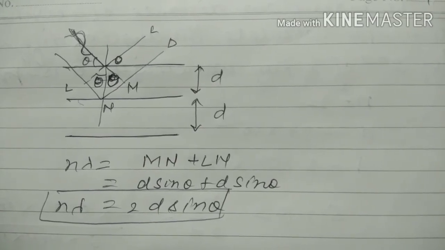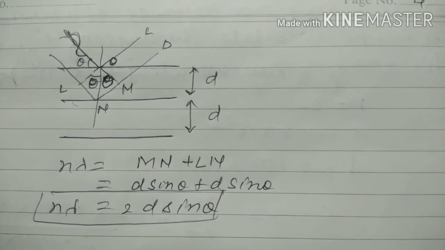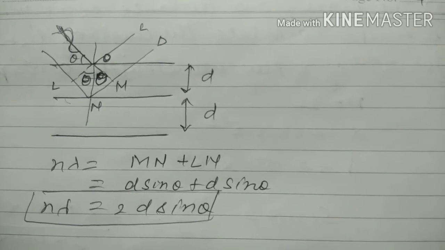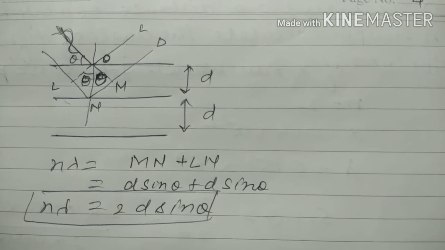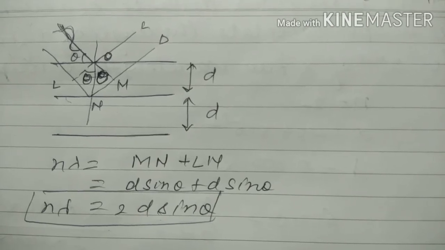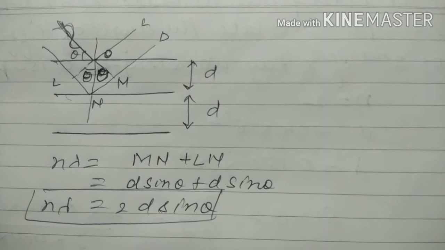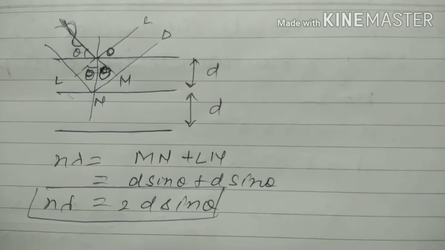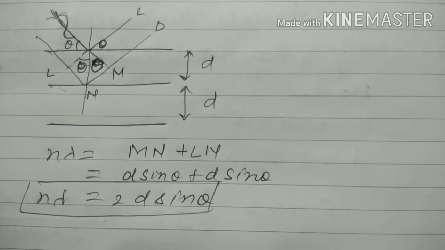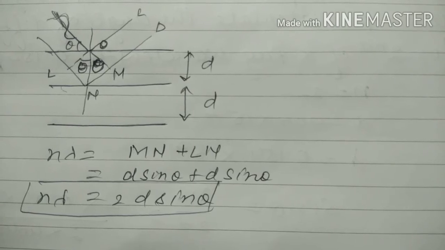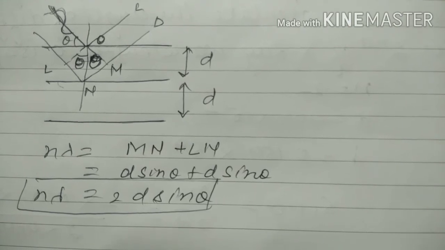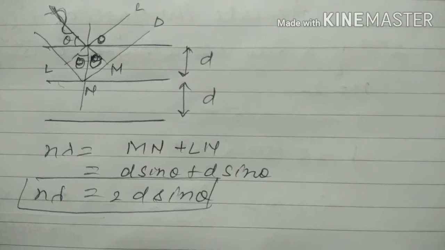Now on the basis of the following diagram, we see that incident light comes from the left and reflected light goes to the right. The rays are incident at points O and N. The distance between two layers is d, so nλ shows the diffraction, and for LN, the perpendicular is LN and the hypotenuse is d. So LN is equal to d sinθ.